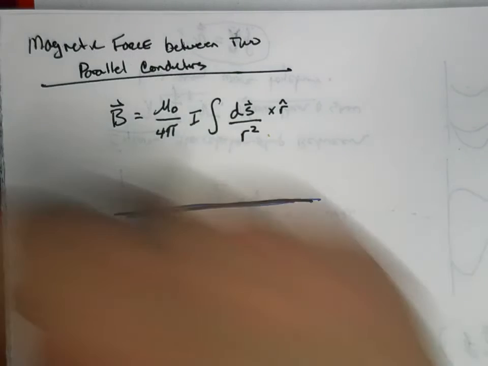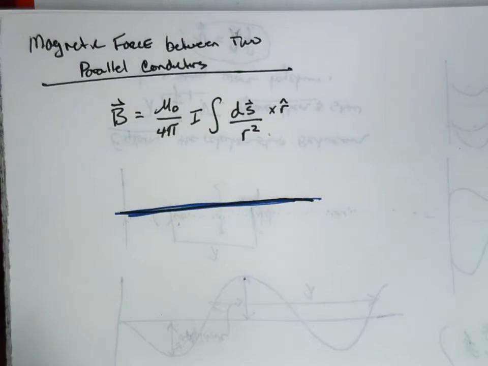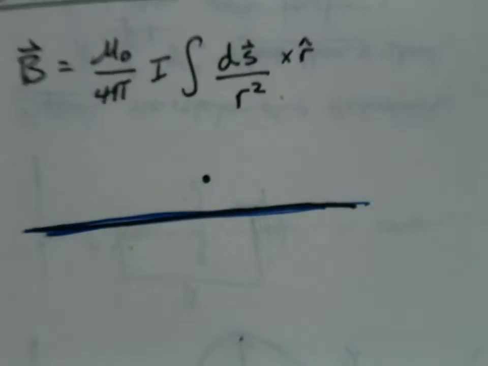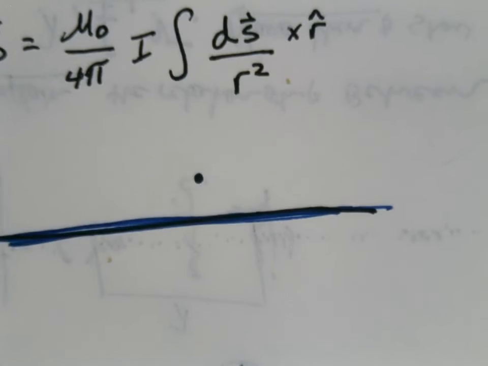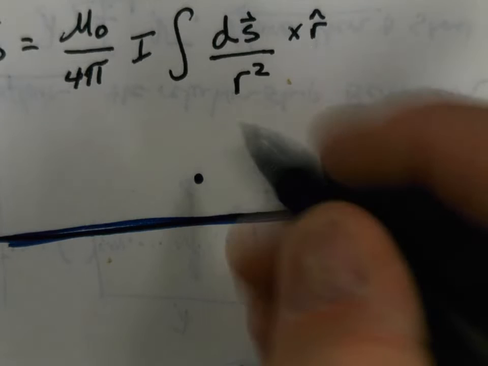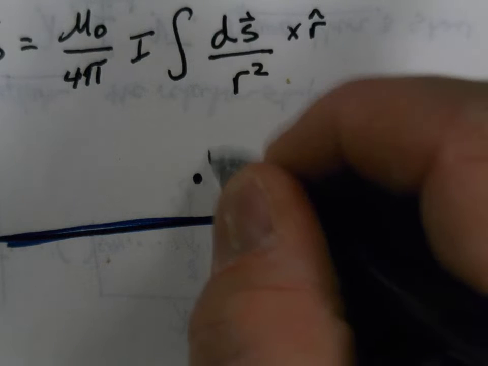We know that if we have this point out here in space, relatively close to it, and we zoom in way in there, right up here we have our point. I'll call it P.